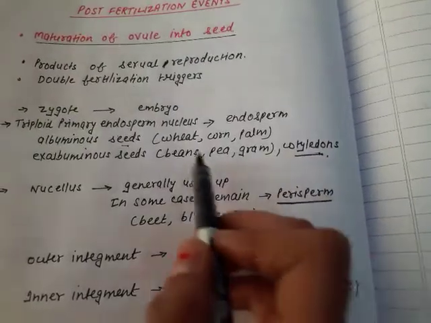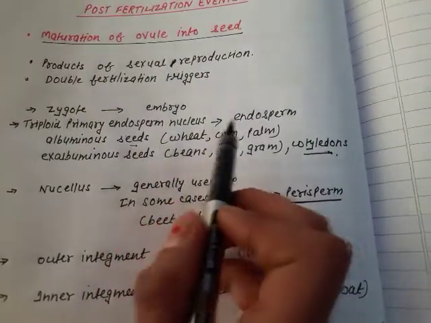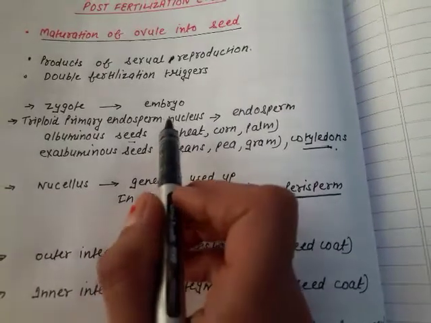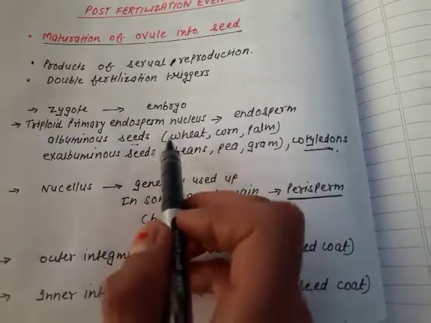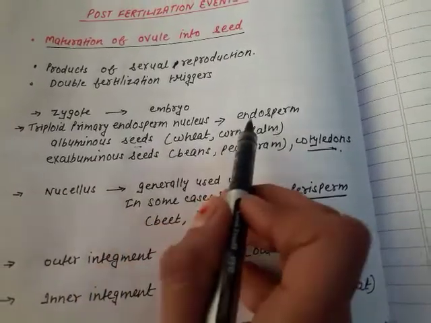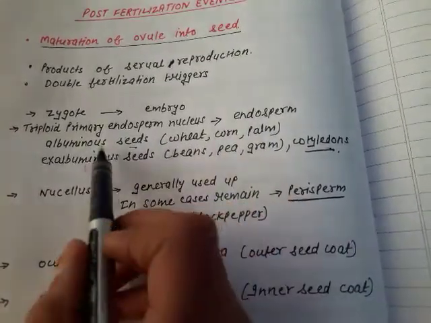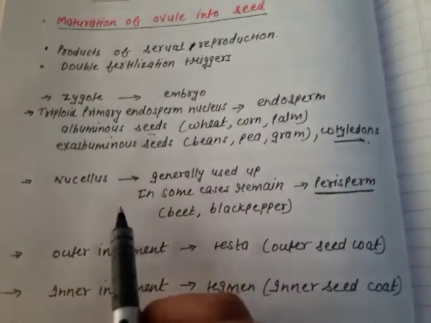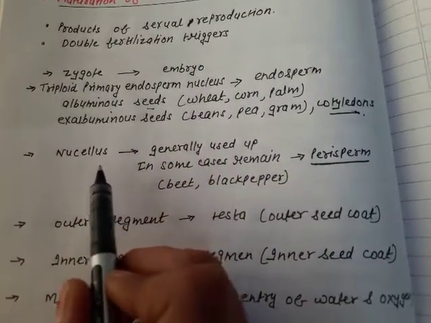But in case of monocot, endosperm is left even after the formation of embryo, and those seeds which have copious amount of endosperm are known as albuminous seeds.